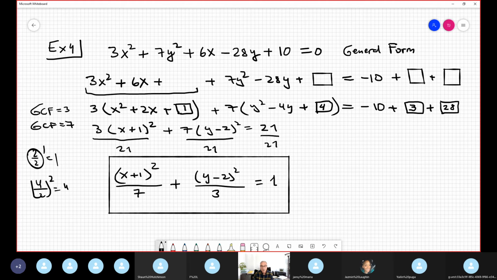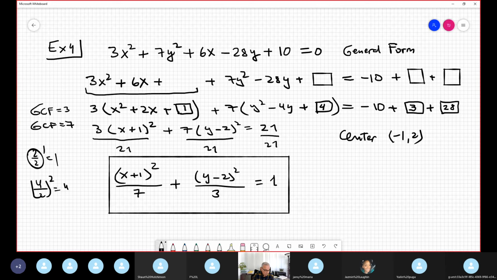Now you can see everything you need to know. The center of this ellipse is located at the point (-1, 2). How do you know? Because this is h with the opposite sign, of course, and this is k.